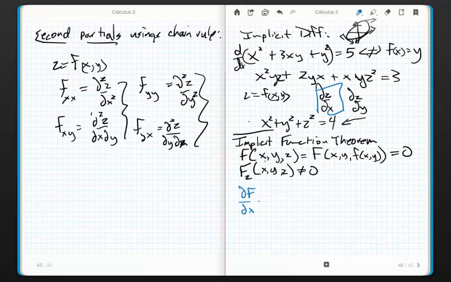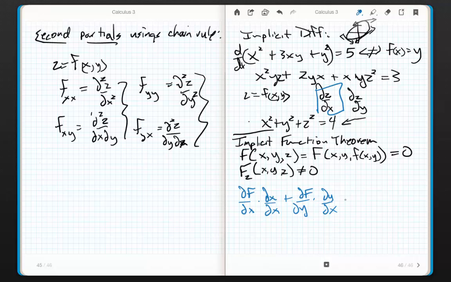times, now chain rule says I've got to spit out the partial of x with respect to x, plus the partial of f with respect to y times the partial of y with respect to x, right? We do a partial, we've got to do this chain rule, true?